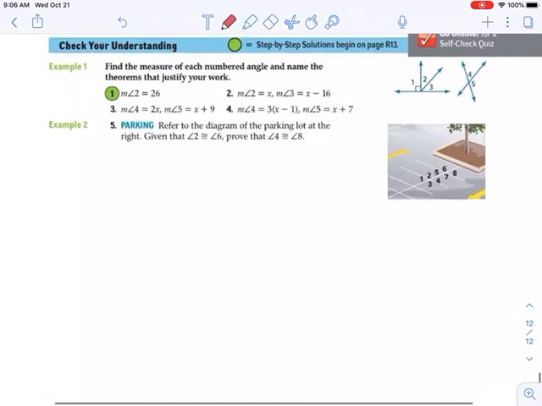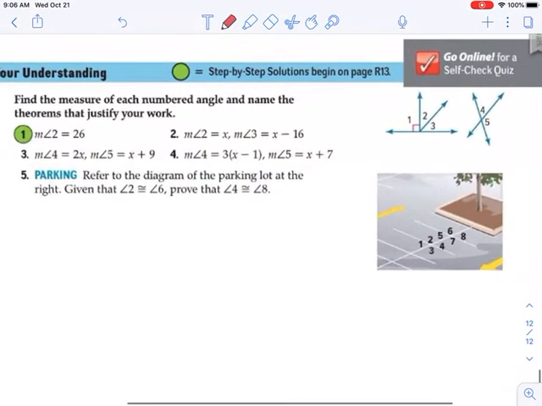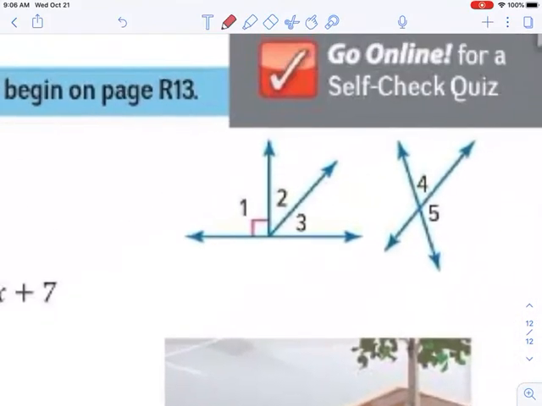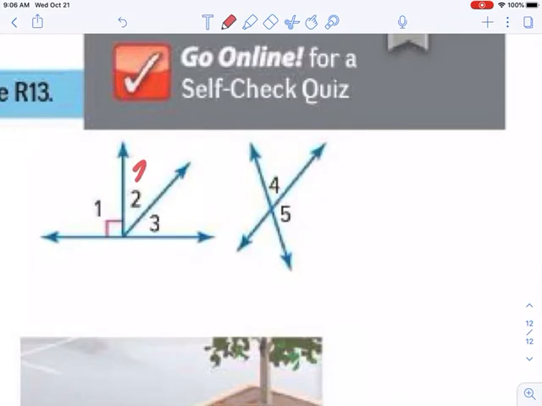Okay, find each measure. Find the measure of each numbered angle and name the theorems that justify your work. All right, so angle 2 is 26. Angle 3 is what we need to find. Well, if we have a right angle on the left side, we have a right angle on the right side. So we have a 90 degree total in here.